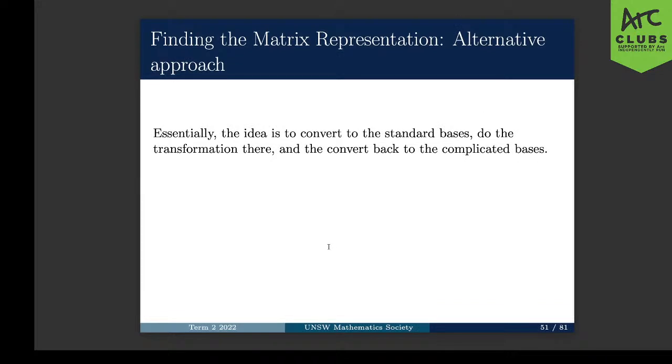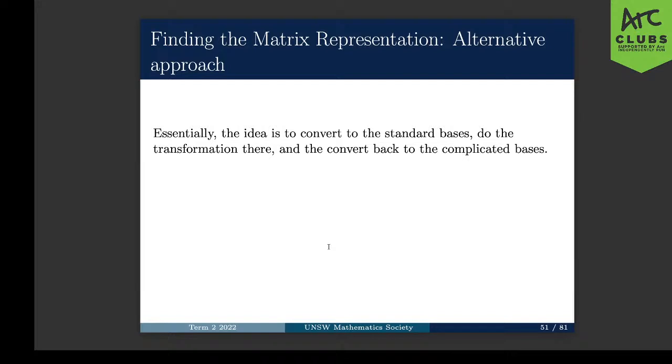The essential idea is that we like to use the standard bases because it's simpler. So we want to convert to the standard bases, do the transformation there, and then convert back to the complicated bases.